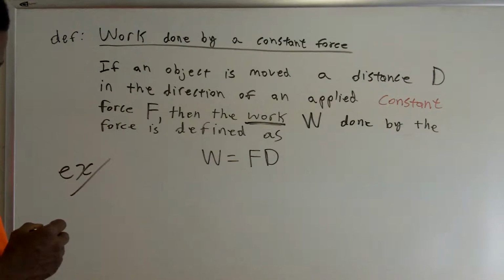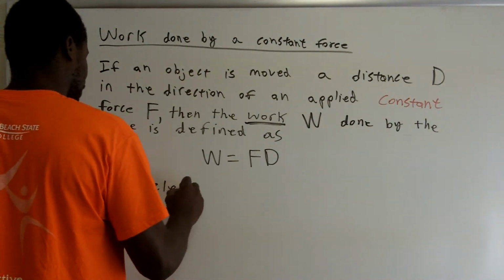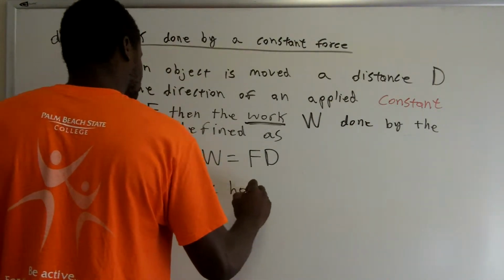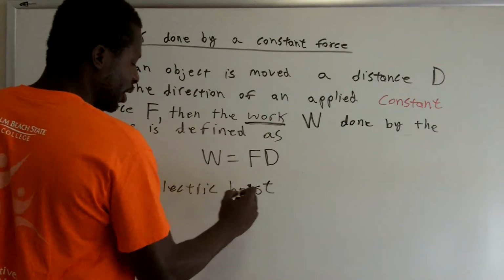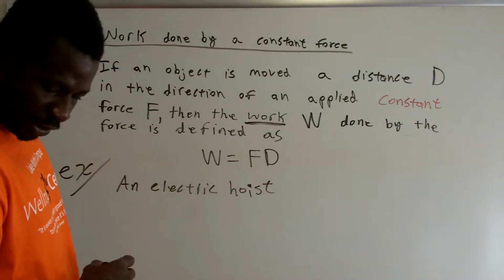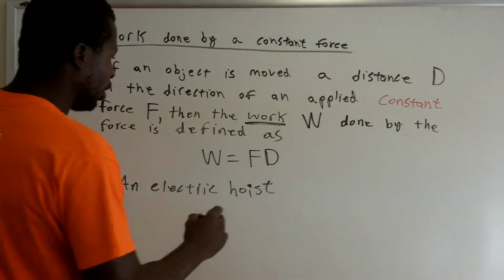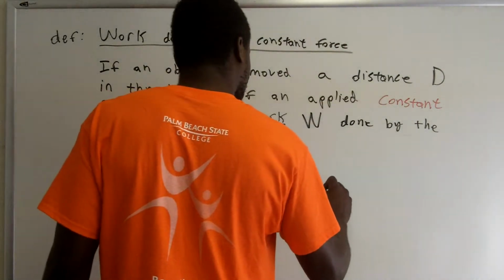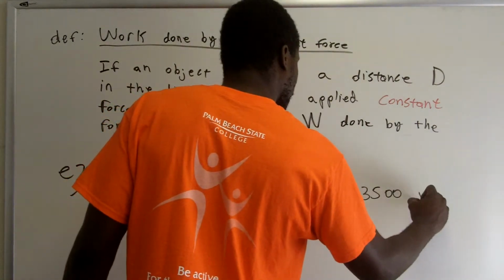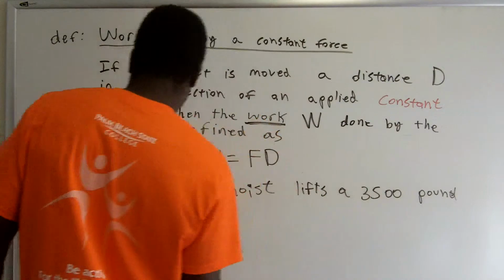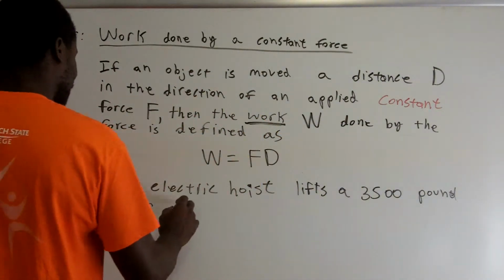For instance, if we have an electric hoist, and the electric hoist lifts a 3,500 pound car and it lifts it 4 feet.